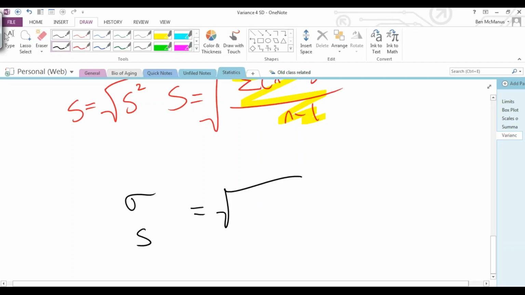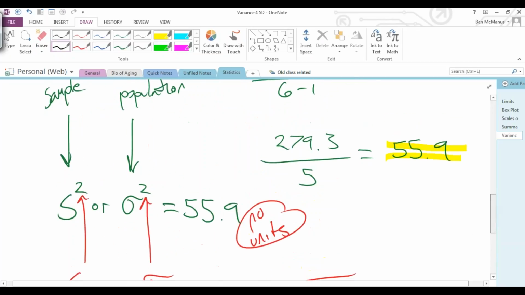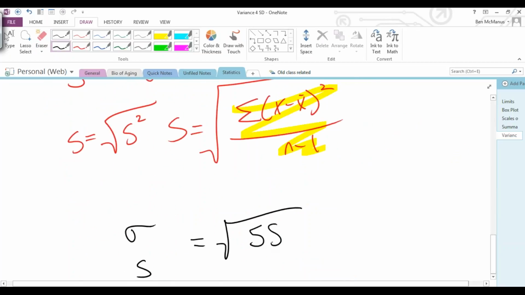And we found that up here to be 55.9. So if you take the square root of 55.9, you get 7.5.